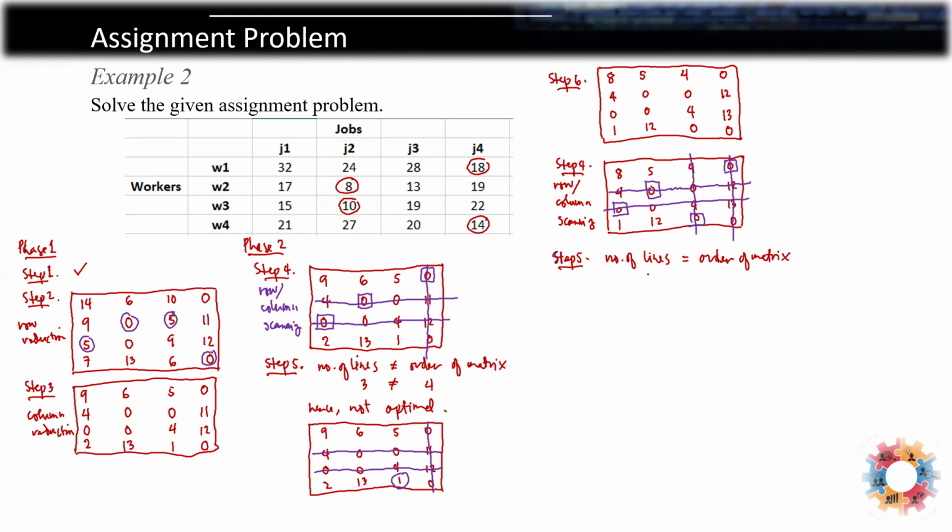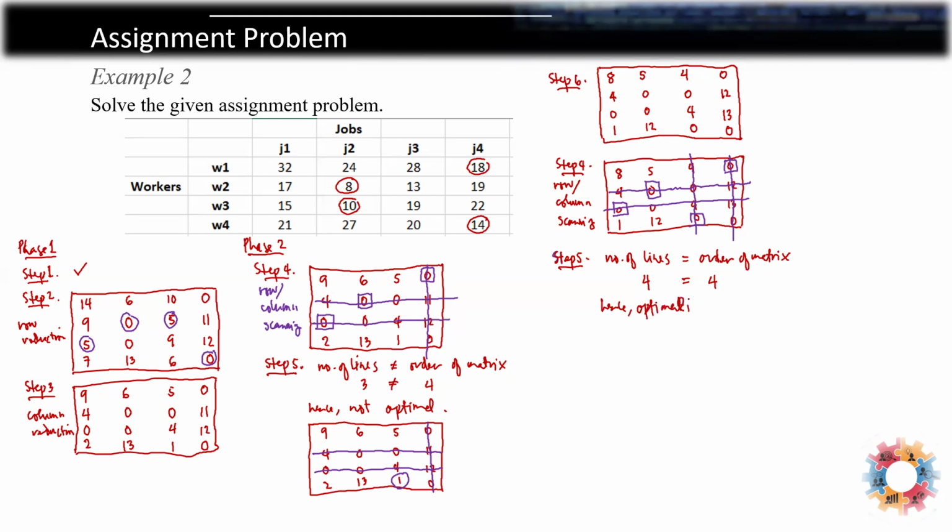Now the number of lines, we have 1, 2, 3, 4. So there are 4 lines. And the order of the matrix, of course, since this is a 4 by 4 matrix, we have 4. So we have equal, no? Equal. That means that the optimality is reached.